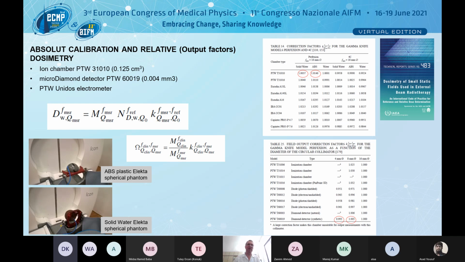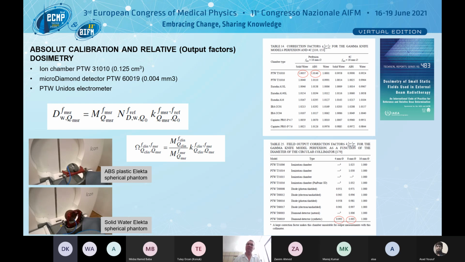But then it's actually very easy, because what this new protocol tried to address is to correct for all those parameters which are not fulfilled for the standard calibration. You are used to calibrate in water, 10 by 10 field, typically 10 centimeter depth on linacs, right?